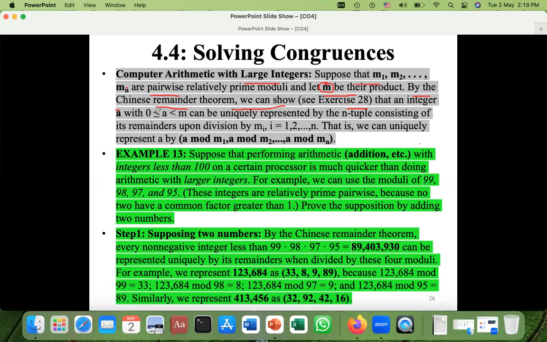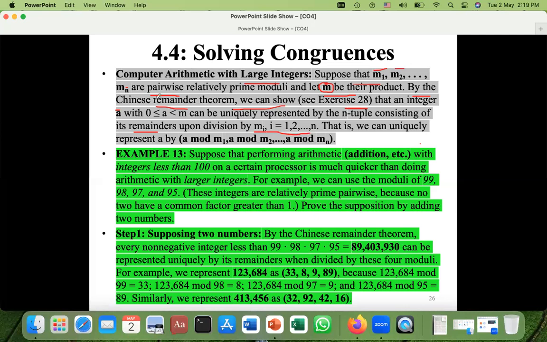Those tuples will consist of the remainders after division by the moduli m1, m2, and so on, mn.